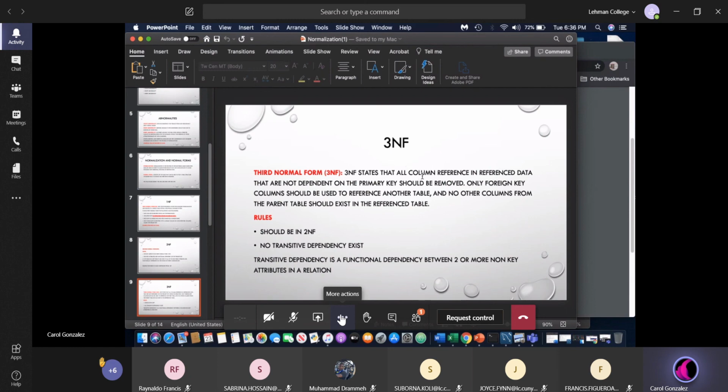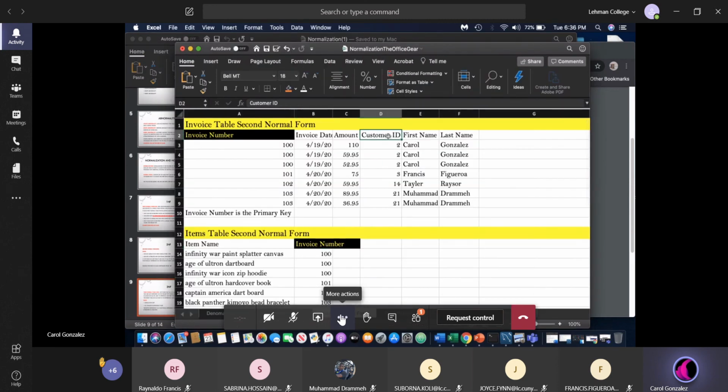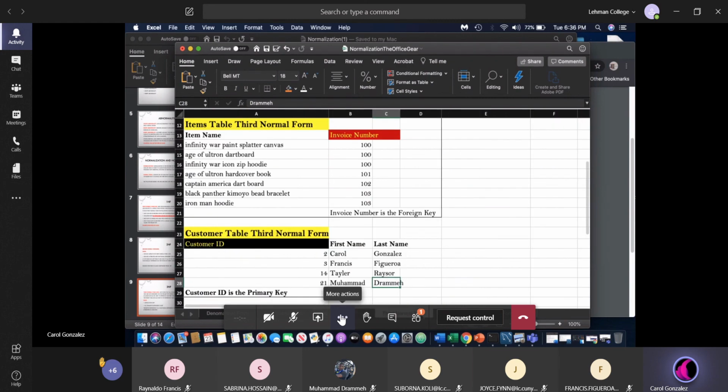In other words, in third normal form, all columns that reference data not dependent on the primary key should be removed. So anything additional that we see, we remove it, and they share a relationship only by using a foreign key. Remember, we saw in the Excel spreadsheet, we had customer ID, first name and last name. We determined in third normal form that this too could have its own table. And the only way they should communicate with one another is through a foreign key.